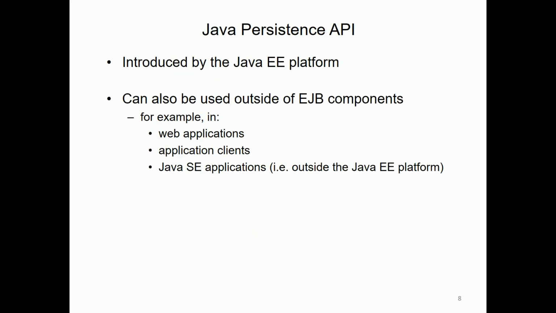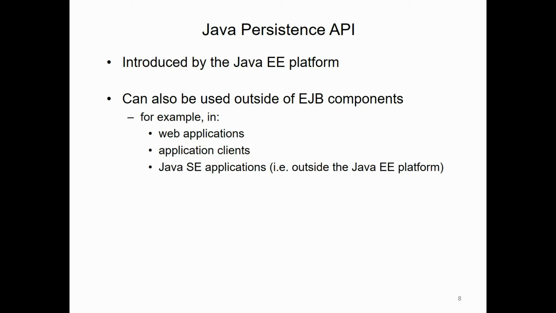Now, the Java Persistence API was introduced by the Java EE platform, and it allows us to interact with databases without having to worry about what exactly the database logic is. We don't need to worry too much about the database structure.